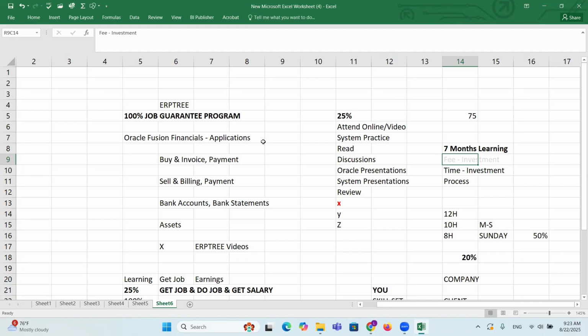But when you talk about Oracle Fusion Financials, our job profile is pure manual work. You sit with the client, you have to discuss. AI cannot do this. You have to understand their requirements as well as their emotions. AI cannot do that.